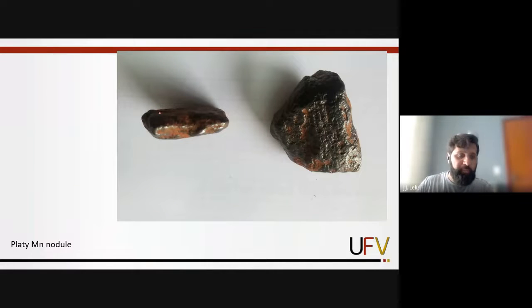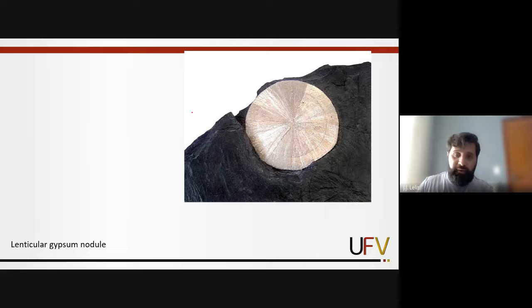We can see a platy manganese nodule in my hand, just this. Okay. You can see a horizon. We can see a lenticular gypsum nodule. It's this disc shape, circular shape, okay, of the material.